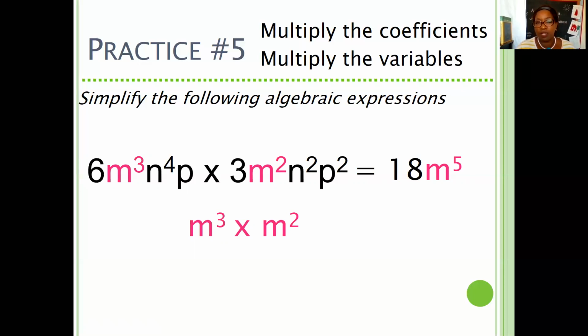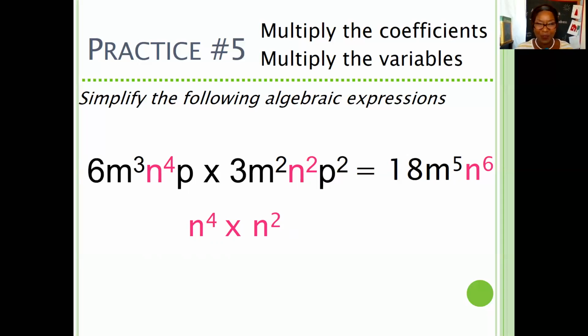What do you think we're gonna do next? All right, we have n to the 4th power times n squared, and that's n to the 6th power. We have one more thing and we are finished. I know you can do this. What is the final thing that needs to be done?